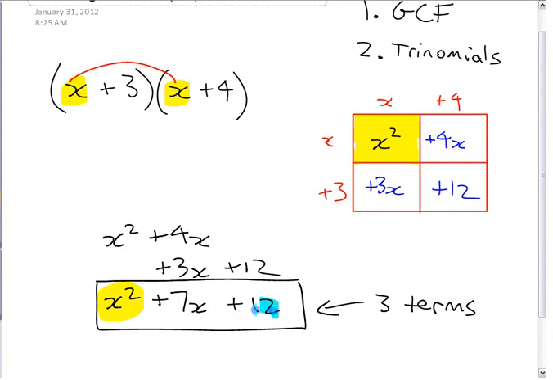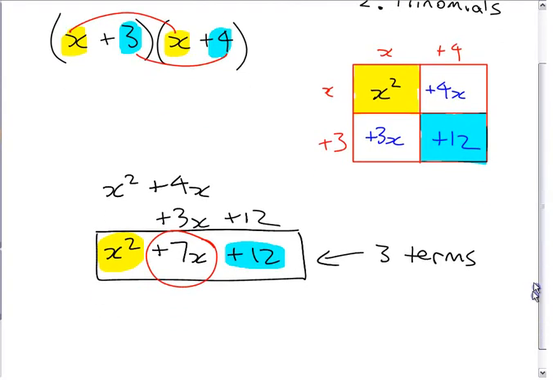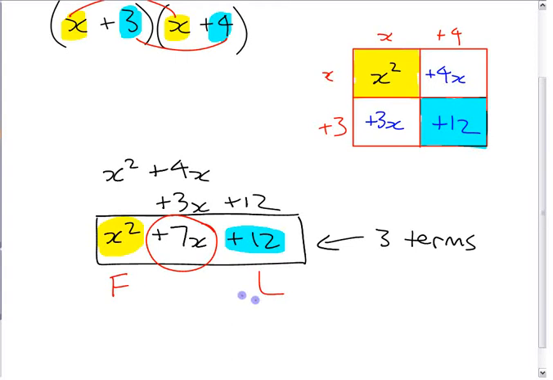Where does this last number come from? It's this rectangle here. It comes from the last two things, right? But where does this middle term come from? This comes from the first term. This comes from the last term. The middle term comes from 2 places, right? These 2 things combined together.